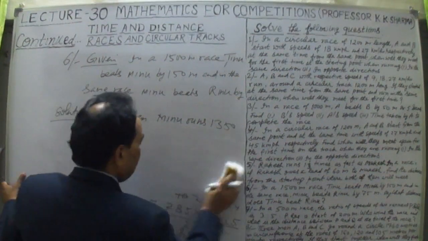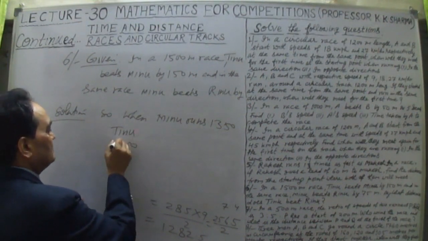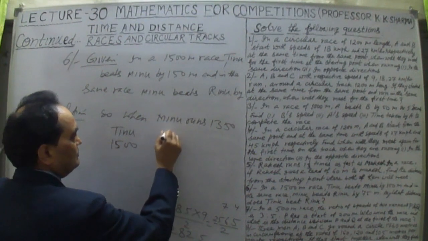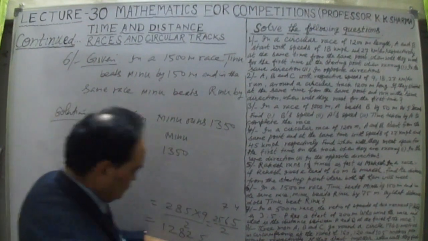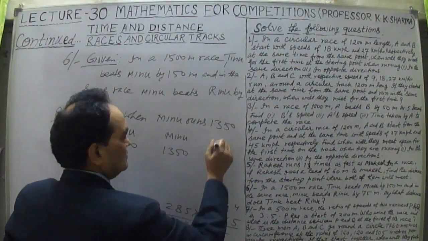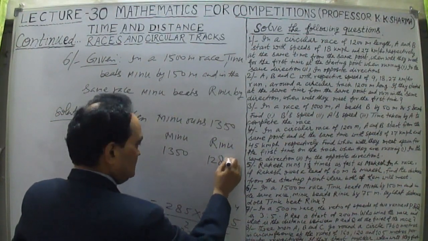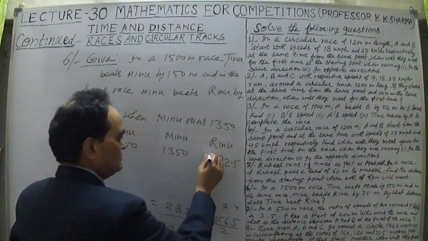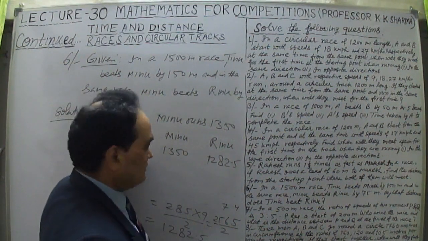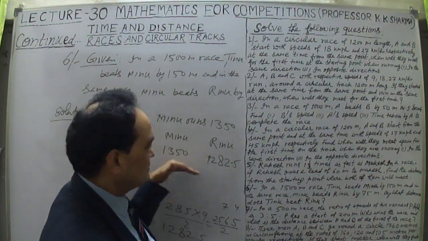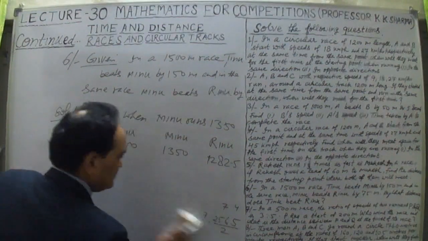Let me now compare. When Tinu is running 1500 meters, Minu runs only 1350, and Renu has done finally 1282.5 meters. This is the actual comparison of the distances. Now the difference we can find out.